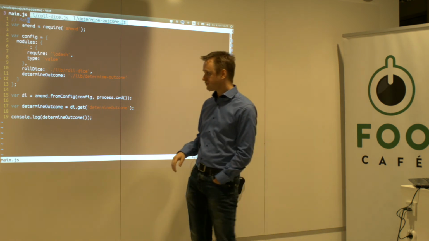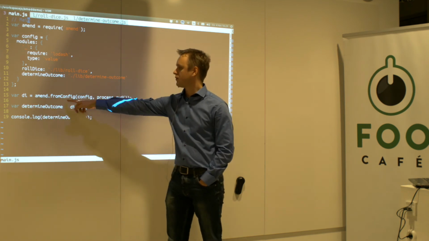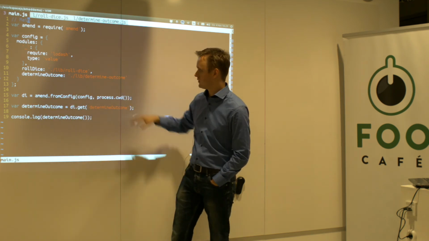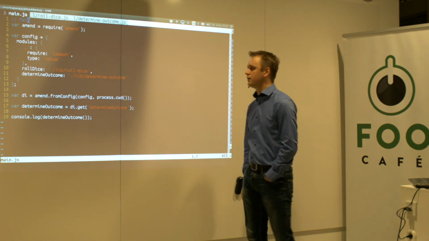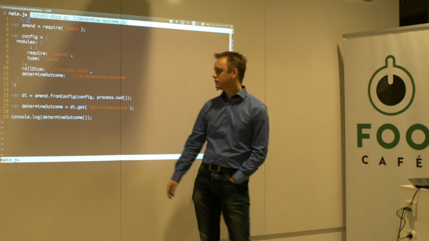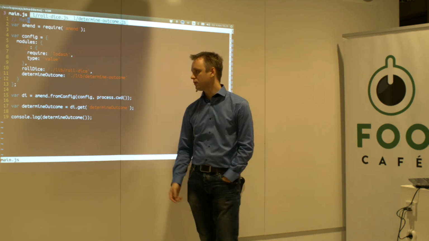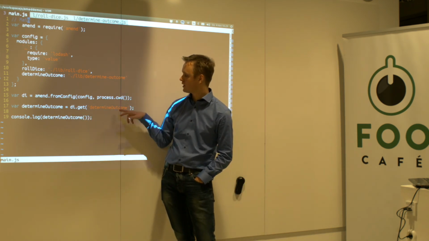That's my setup. I create my dependency injector like this. Amend, from config, I pass in this configuration object and the base path where I'm running from. And then all I need to do is require the determine outcome module, which I do like this, the dependency injection.get with a name.